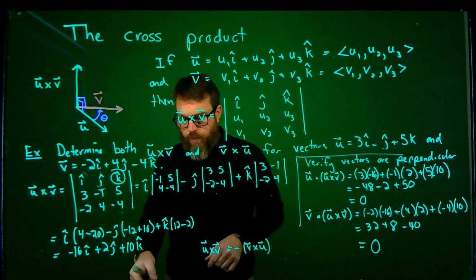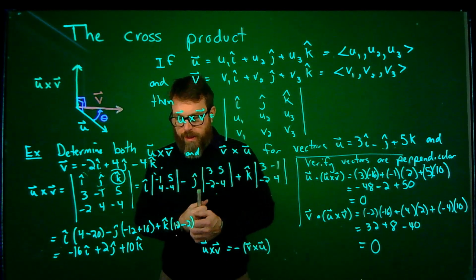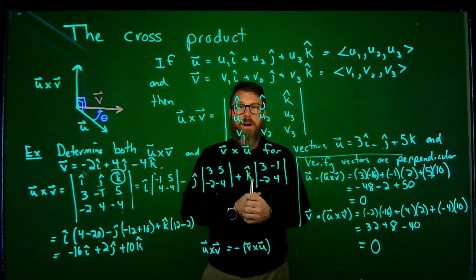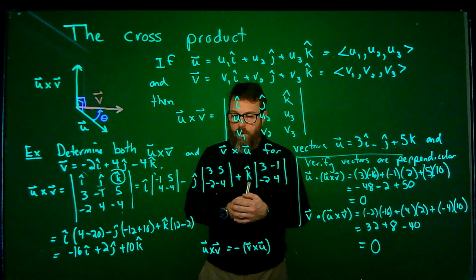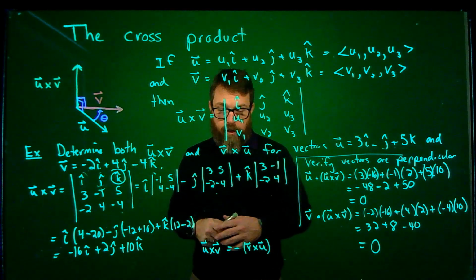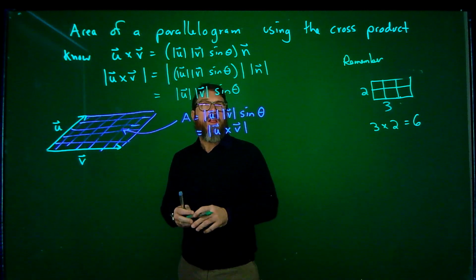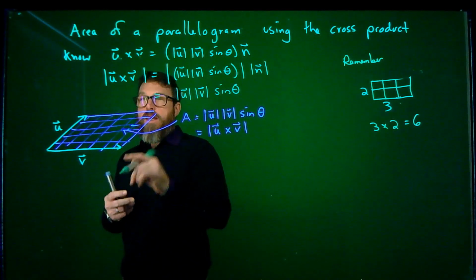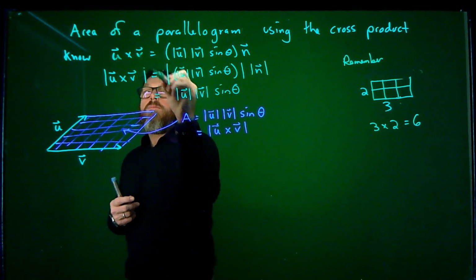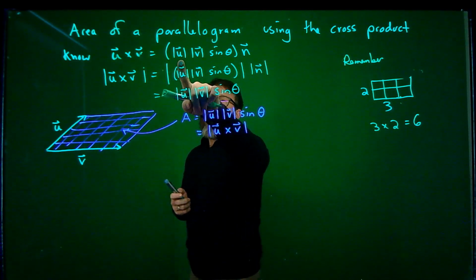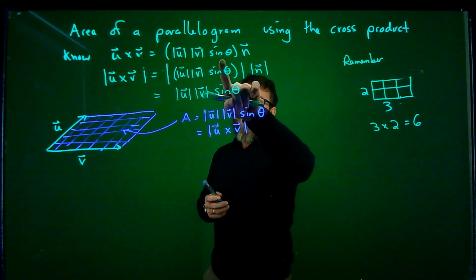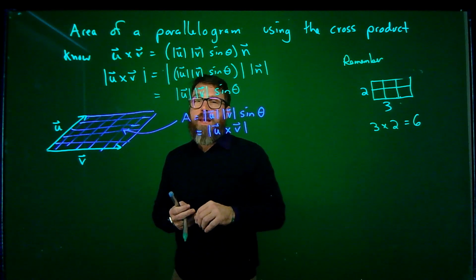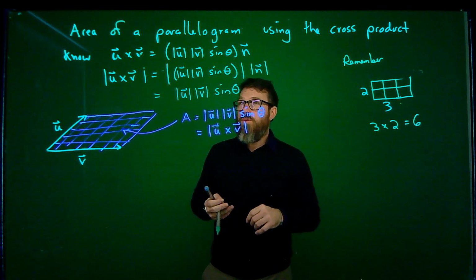There are other things that we can do with the cross product as well, and this comes down to finding, say, the area of a parallelogram or even the area of a triangle. So for the area of a parallelogram using the cross product, we know that u cross v is equal to the magnitude of u times the magnitude of v sine theta, all multiplied by the normal vector of the plane defined by vectors u and v.